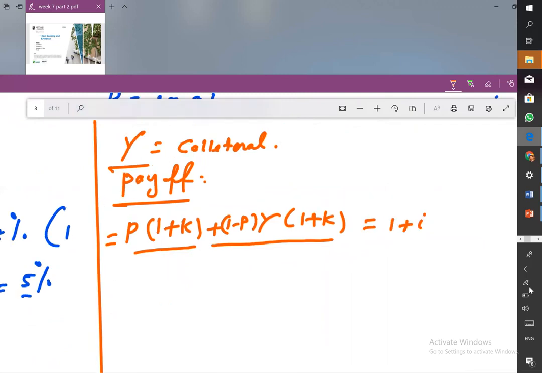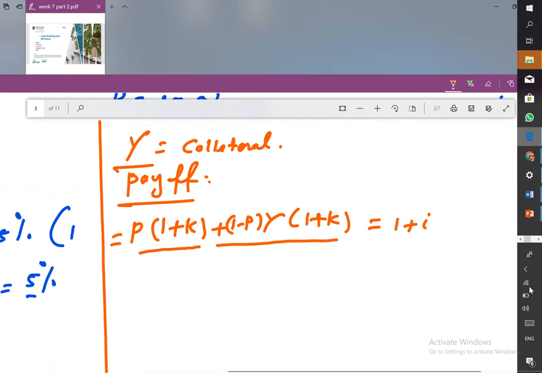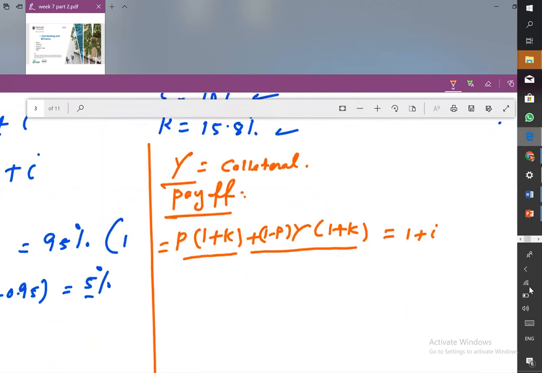If we know this now, we can calculate actually, they give us another formula. I'm not going to give you the proof, which is that K minus I is actually the premium.